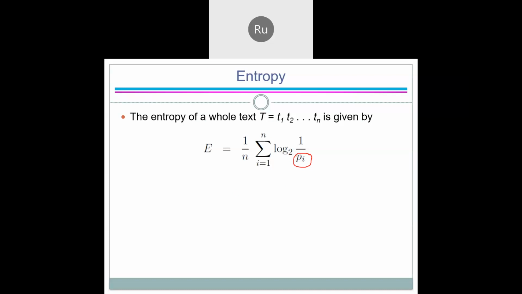For example, this is the text that you have, and this is the average entropy for all the terms that you have here. Let's take a look at one symbol. We focus on this one only, not the sum. We want an individual calculation only for this particular item.